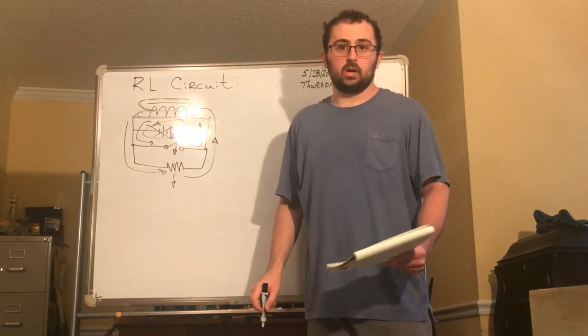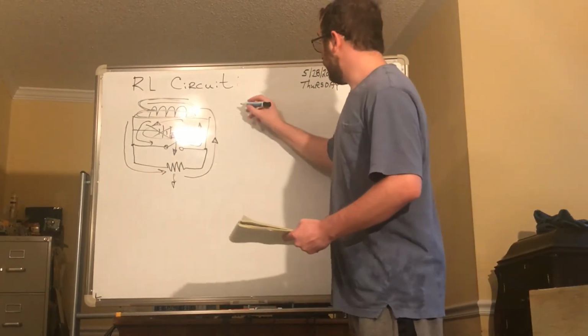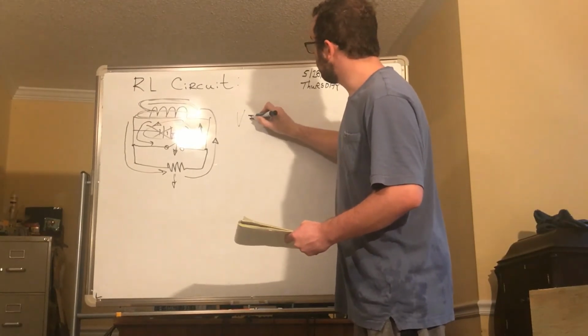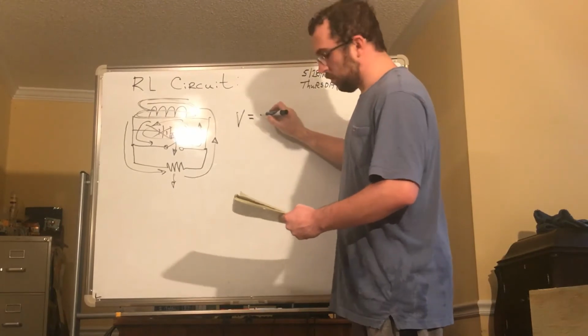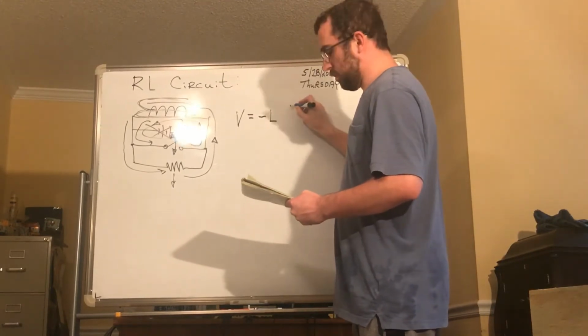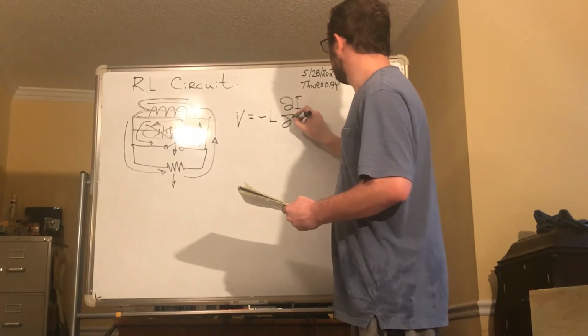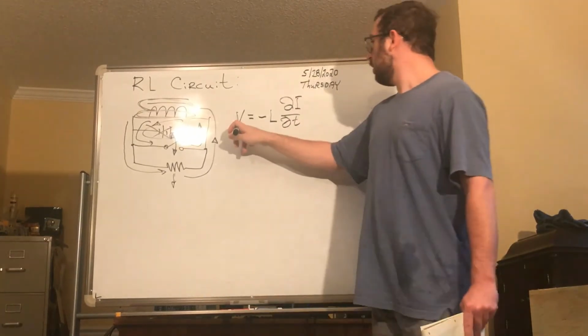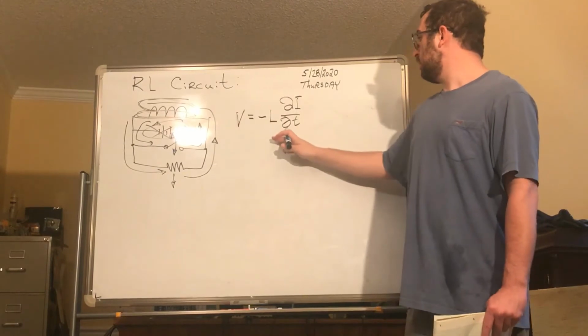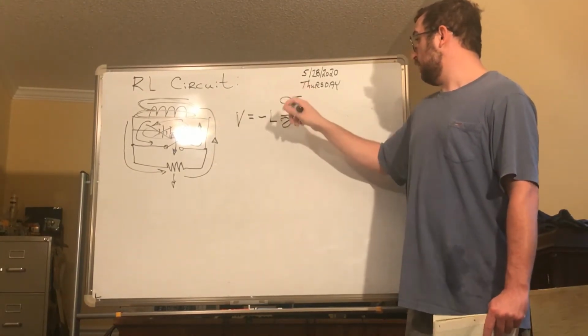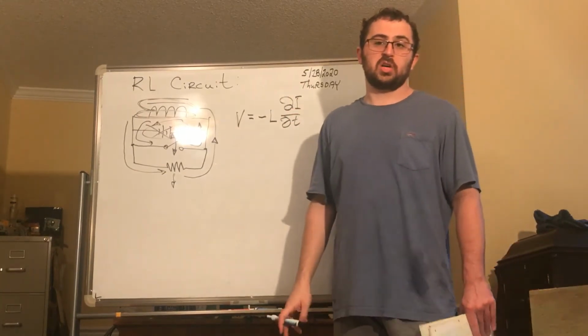What happens? Well, it's a very elegant problem. So we have the voltage through any inductor is always equal to minus L di dt. In other words, the inductor produces a counter voltage that decreases any change in the current. The inductor fights a change in current.